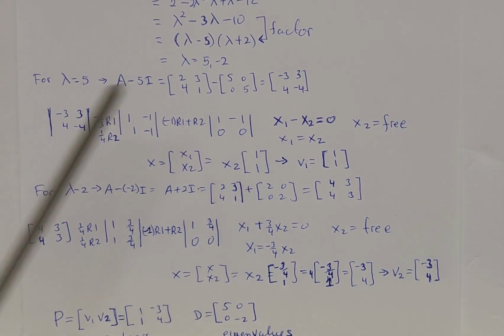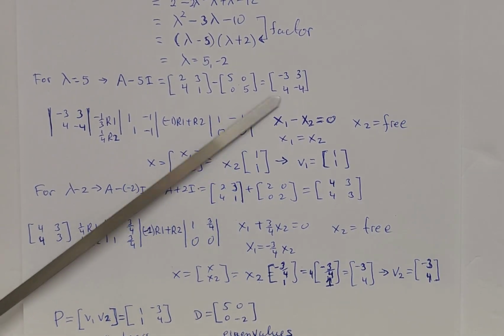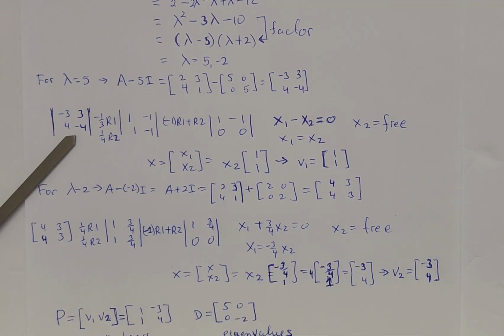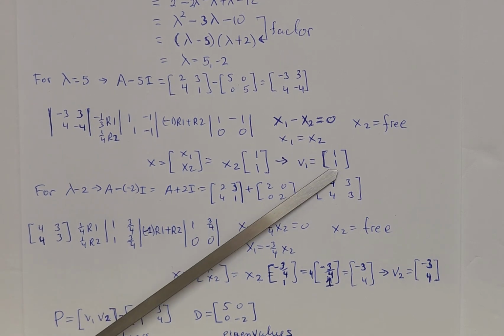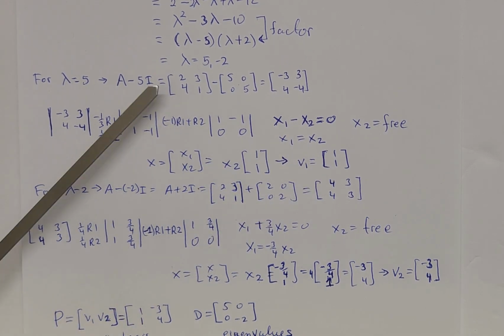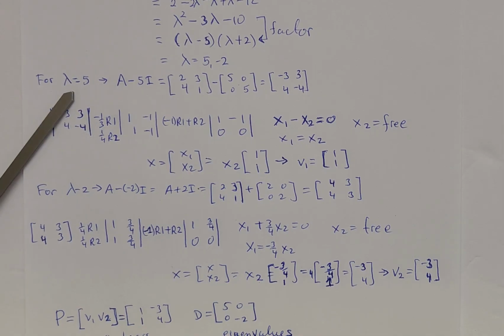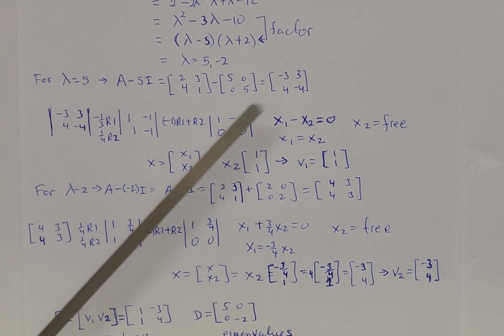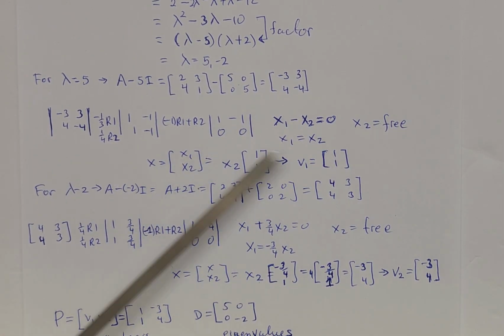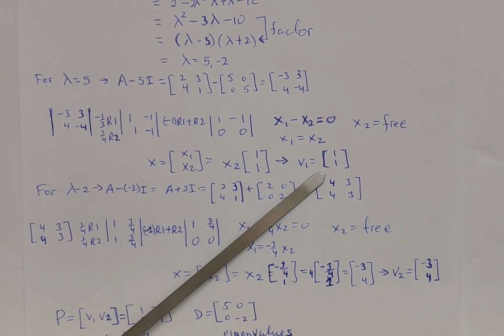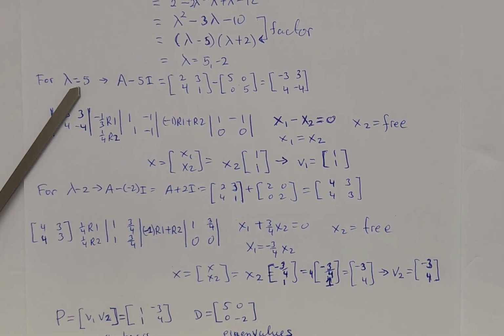Now after that, use this matrix to do row operations, or row reducing, to get my basis or vector that corresponds to lambda equal 5.